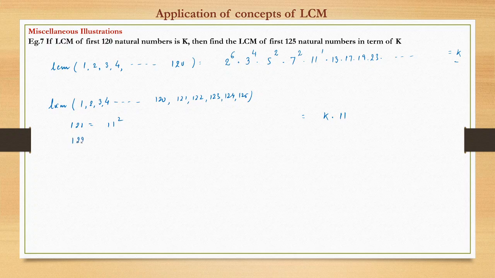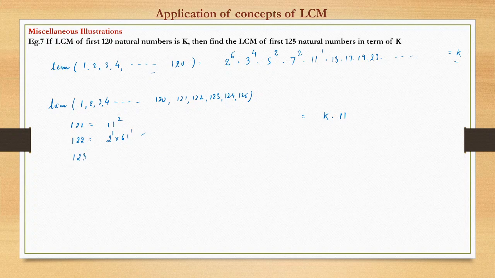Similarly, 122 is nothing but 2 into 61. We already have 2, and we have a maximum of 2 raised to power 6 here, so this is already consumed. Even 61 would be there in 1 to 120, so this is consumed.